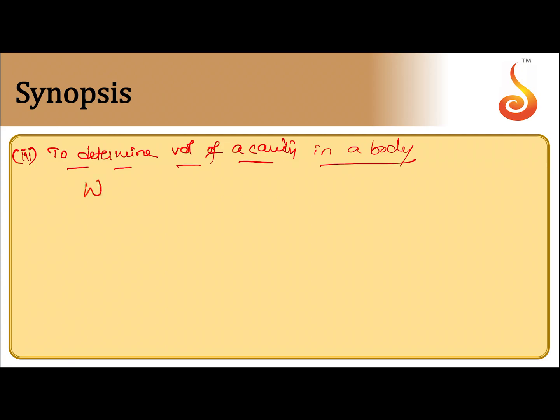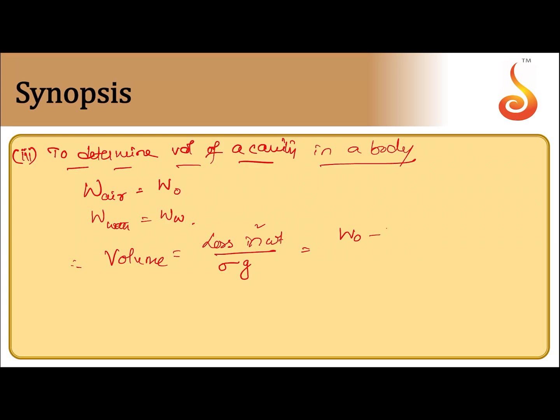Suppose the weight of the body in air is W naught, and the weight of the object in water is W. So I can write volume is equal to the loss in weight divided by sigma into G, that is nothing but the upthrust equation. That is W naught minus W of water divided by sigma into G.